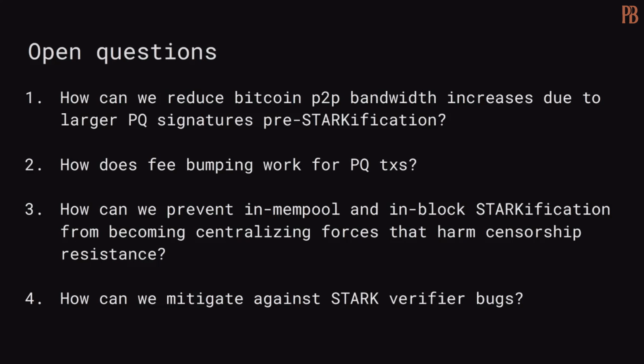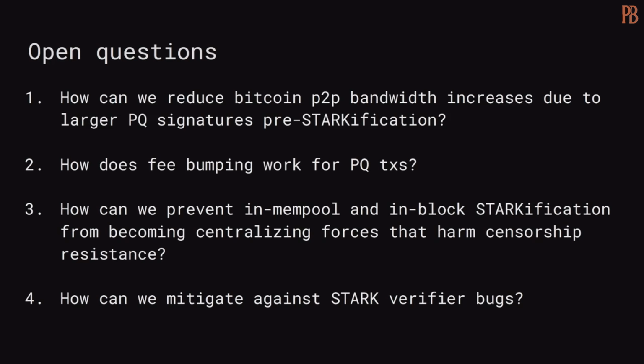Whereas if you had multiple independent implementations, it's unlikely that they all have the same bug. And so you might be able to prevent that bug from causing a catastrophic permanent loss of funds on the network. So yeah, I think how we roll this out in a way that's safe is also an open question.